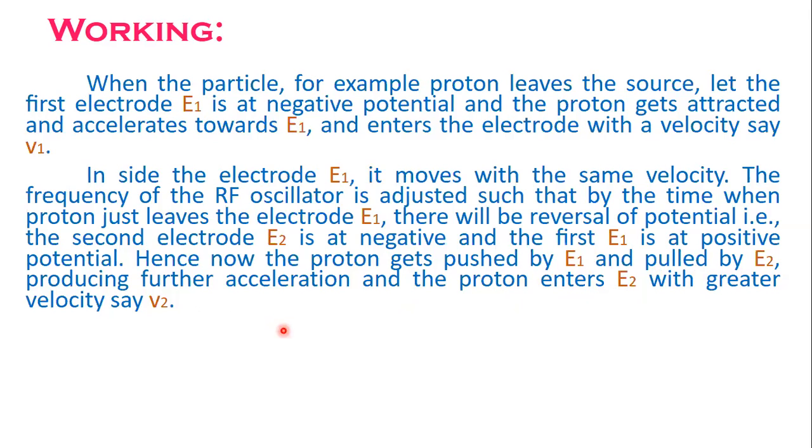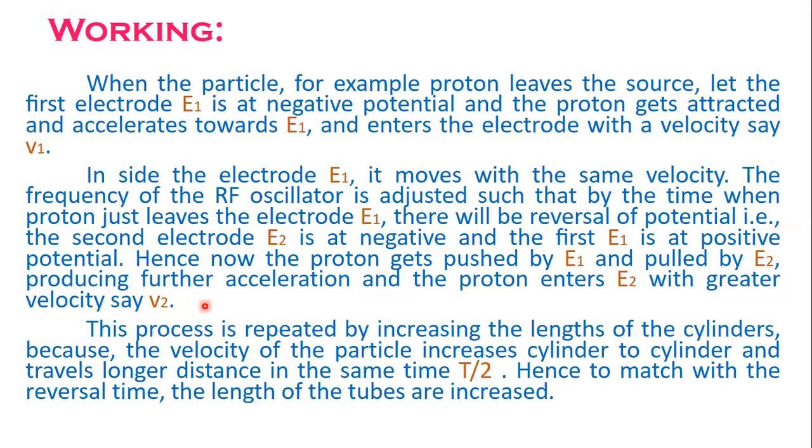Let us say the new velocity acquired by the proton is v2. Now this process is repeated. Whenever the proton enters the gap, it is moving in the electric field, it acquires additional energy and therefore it moves with a greater velocity.